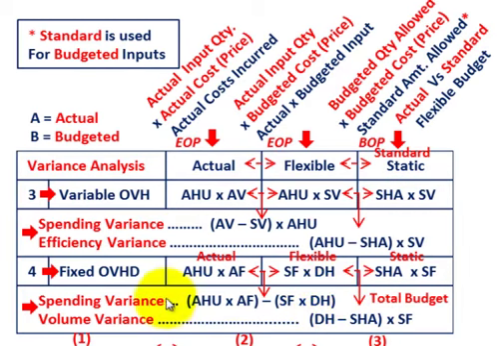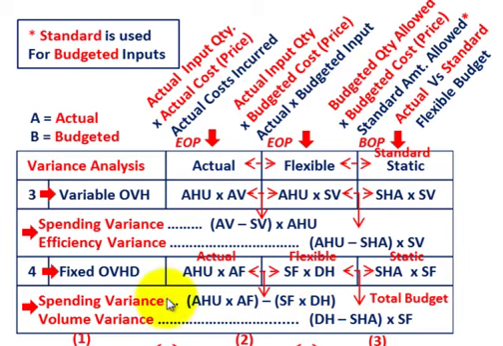So spending variance is between your actual and your flexible amounts. Now your volume variance, that's between your flexible and your static amounts. And there you would just take those total direct labor hours that you've budgeted for the period, and subtract from it the standard hours that are allowed, in this case, for the fixed overhead. So that difference times the standard fixed rate.